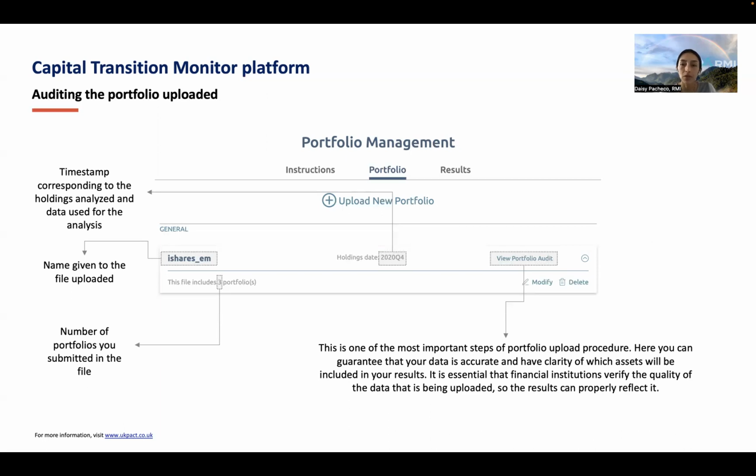So it is very critical and essential that financial institutions or any institutional investor that is uploading the portfolio to do the analysis verify the quality of the data that is being uploaded. In this case, if we do that, we will be sure that the results are properly reflecting the data that we are uploading.